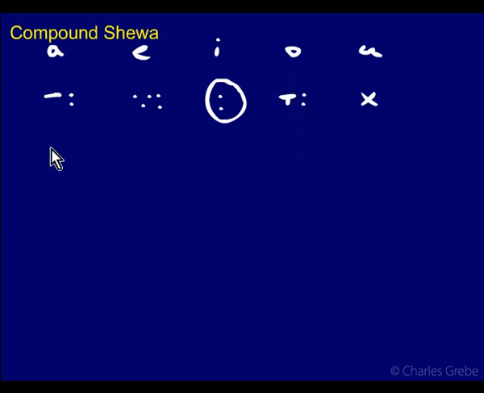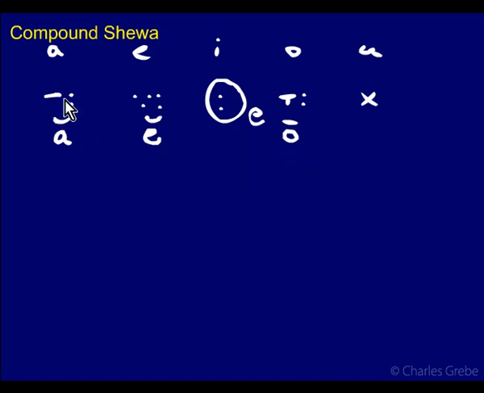Now, in terms of transliteration, we already looked at this, but it's got a breve over it like this, and this one is a raised E. These can also be superscripted sometimes in some texts.